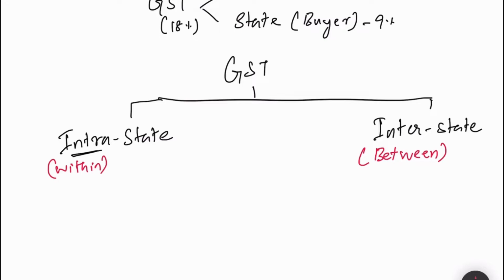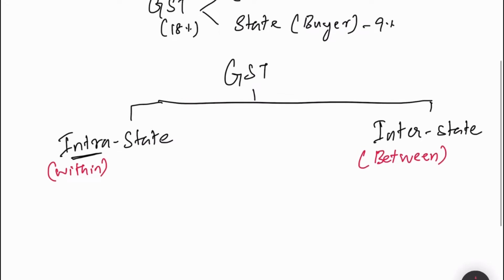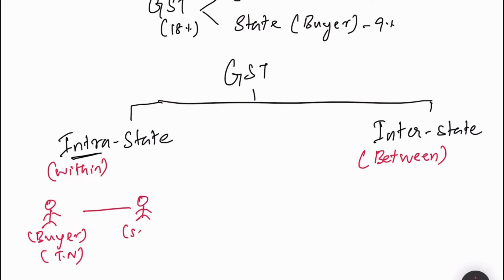So in that case, for example, let's assume there are two buyers and sellers. Buyer is in Tamil Nadu and the seller is also in Tamil Nadu.